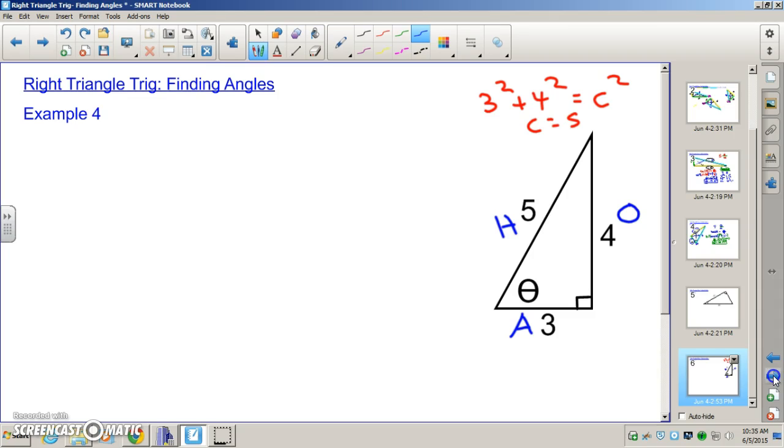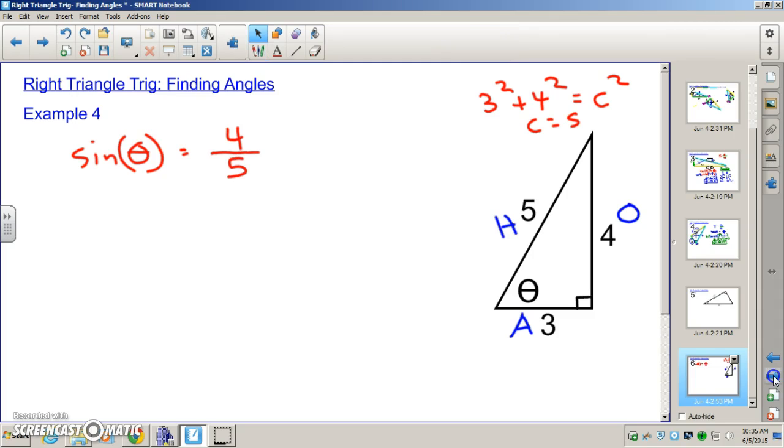Tangent only needs 2 of them. Sine only needs 2 of them. Cosine only needs 2 of them. What do I do? Well, you could do 3 different versions of this problem. You could say sine of theta equals opposite over hypotenuse.